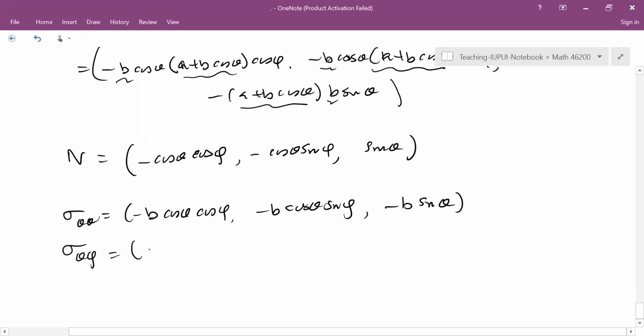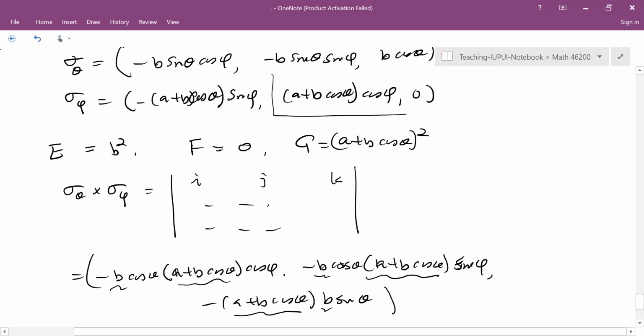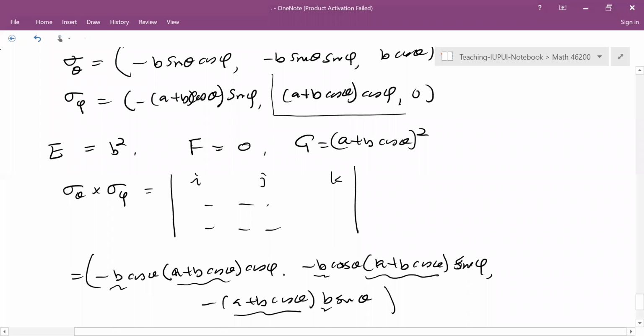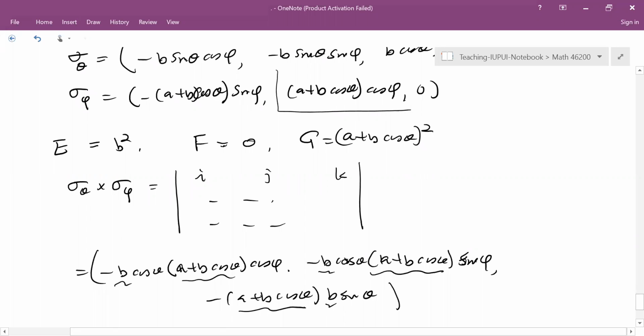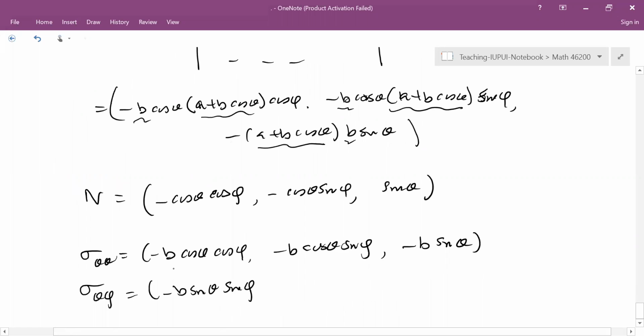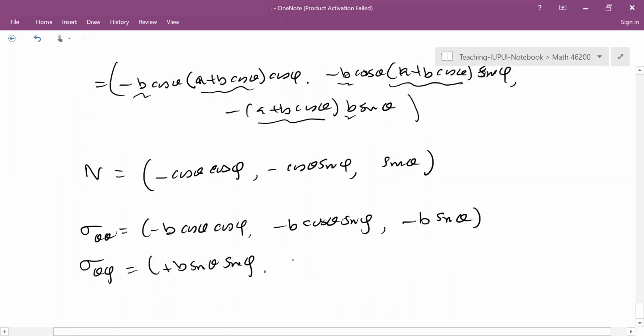This one will be negative b sine theta and the cosine phi becomes sine phi, because negative becomes positive. So this is a positive b sine theta and then cosine phi.